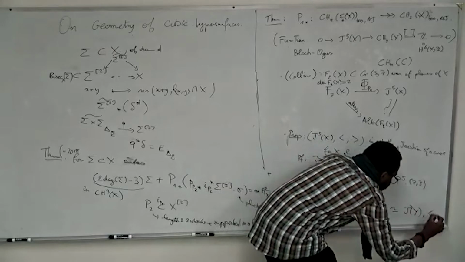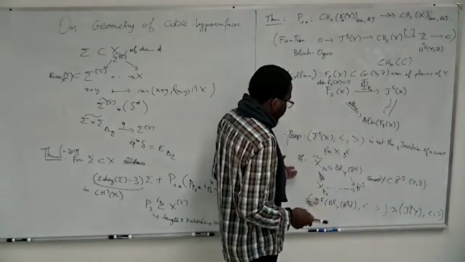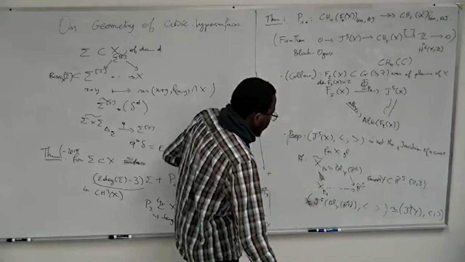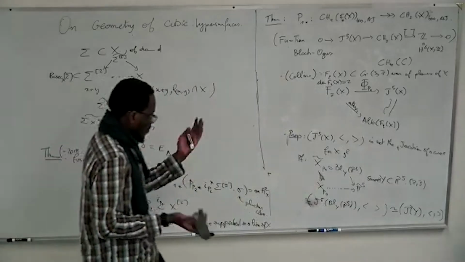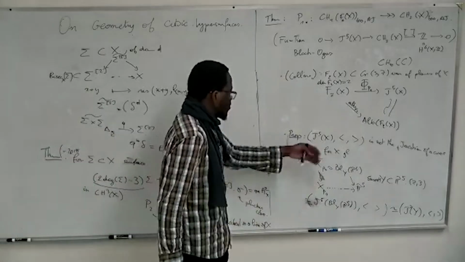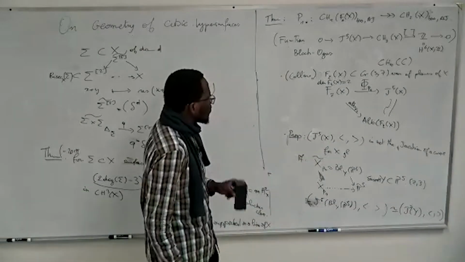So this is just by blow-up formulas. And since the locus of Jacobians is closed inside the moduli space of principally polarized abelian varieties, it will tell us that this thing cannot be the Jacobian of a curve.